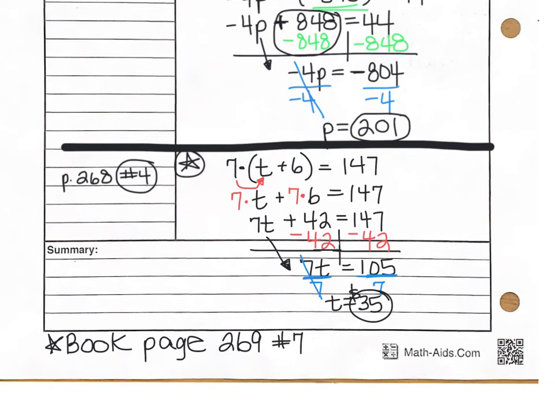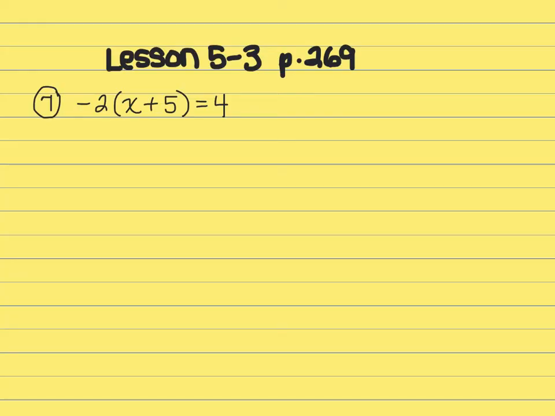You will do the solving part in your textbook. If you need additional paper, just go ahead and use notebook paper, or if you're in class, you can get a sheet of Cornell notes. In your book on page 269, we are going to solve together question number 7.